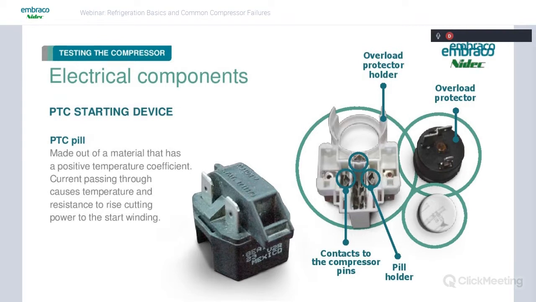Once current passes through this pill, it quickly heats the pill up, which at the same time causes the resistance to go up, effectively cutting off current to the start winding. So when it starts, it allows current through the start winding in a split second, cuts it off, and leaves the compressor running on the run winding.